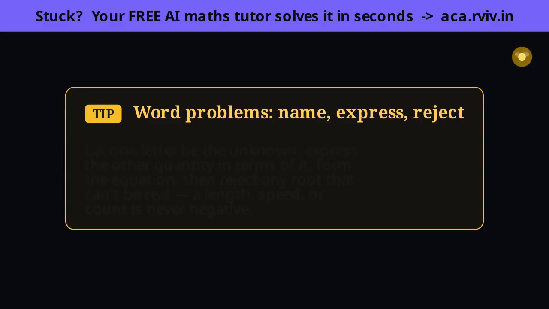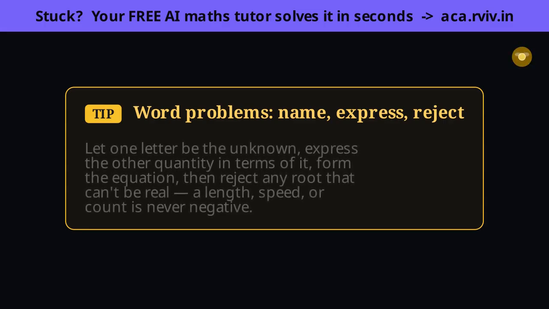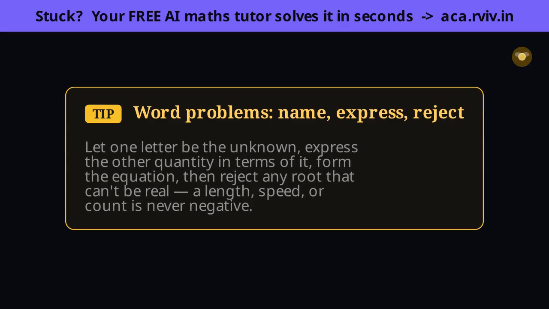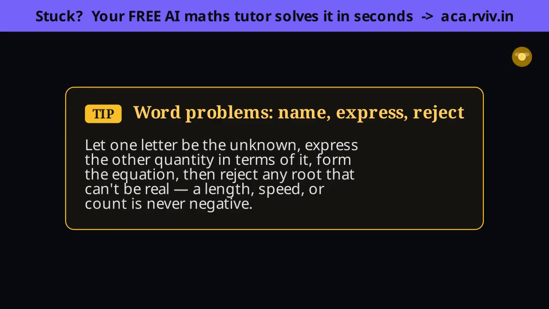Third, and students forget this one, after solving reject any root the story forbids. A length, a speed, or a count of objects can never be negative, and a count can't be a fraction. Name, express, reject, that rhythm cracks almost every quadratic word problem.